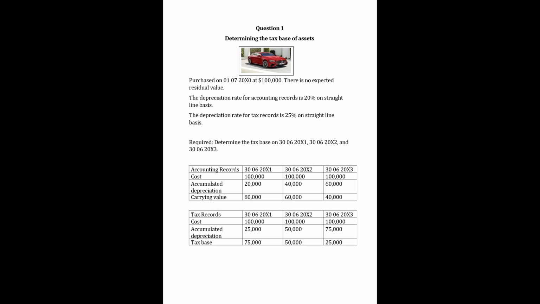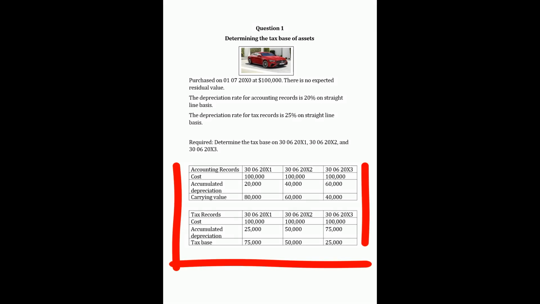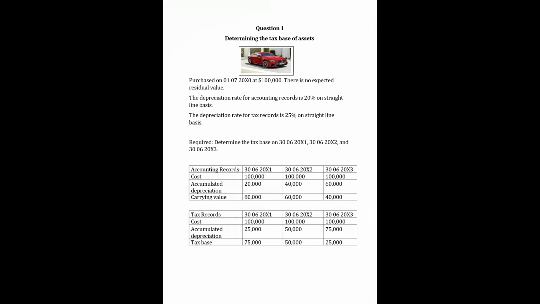When we look at carrying value and tax base, we can see for the X1 carrying value is 80,000, but the tax base is 75,000. And in X2 carrying value is 60,000, tax base is 50,000.